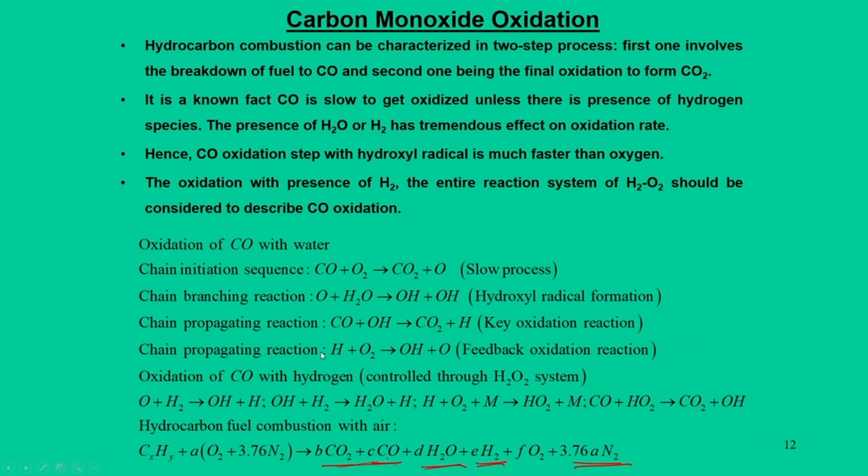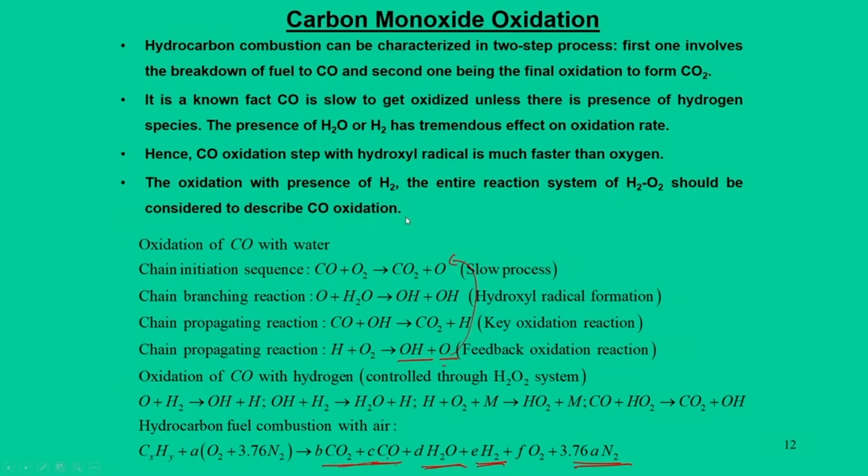And again during these chain propagation reactions, there is also another feedback oxidation reaction where H will react with O2 and give OH and O. OH and O will initiate these hydroxyl reactions, O will initiate these chain initiation reactions. So, this process keeps on happening.